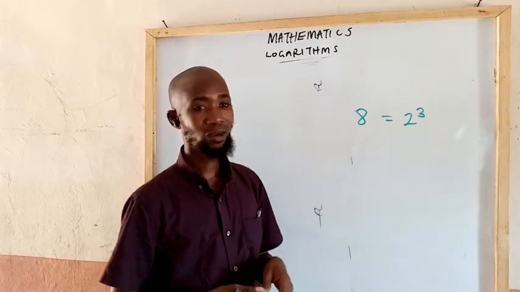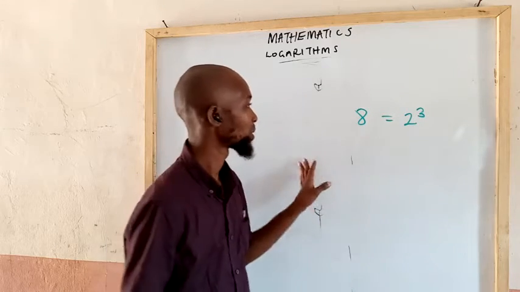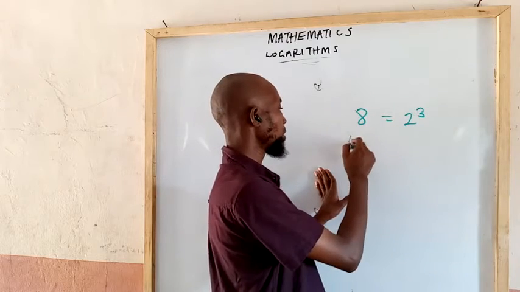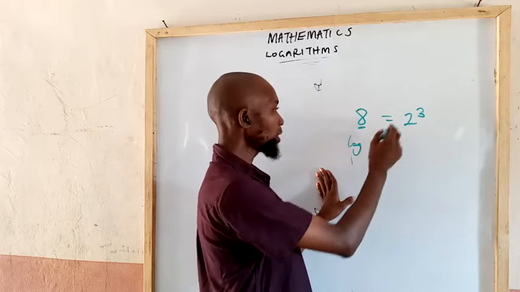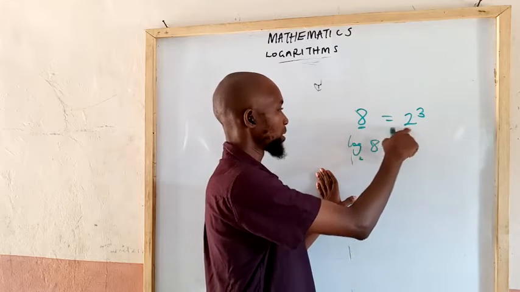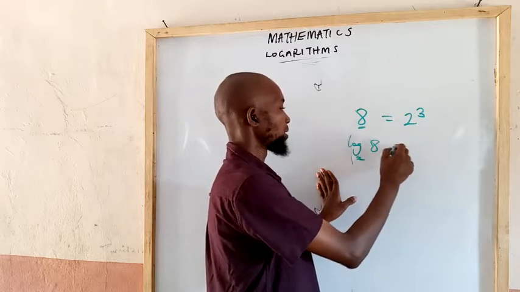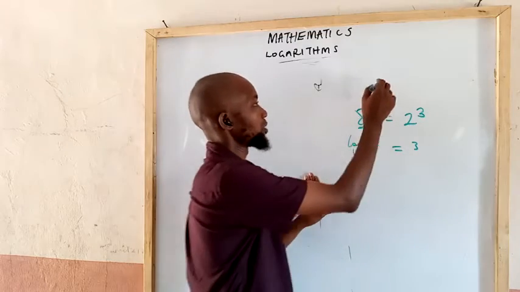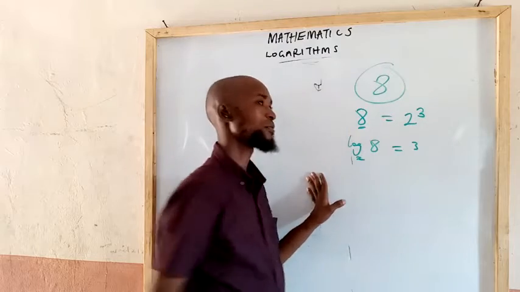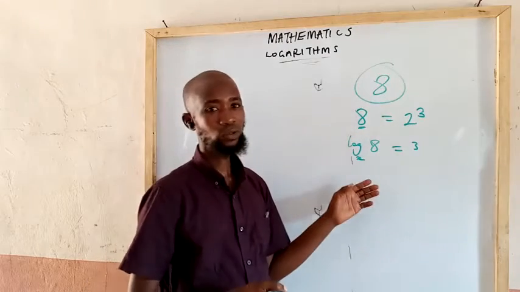So as far as the logarithm is concerned, the way this number can be represented is to call it log of the number which we are talking about, making use of this base of 2, and the value it is going to give is the power, which is equal to 3. So we can see the figure 8 has many ways by which we can represent it.